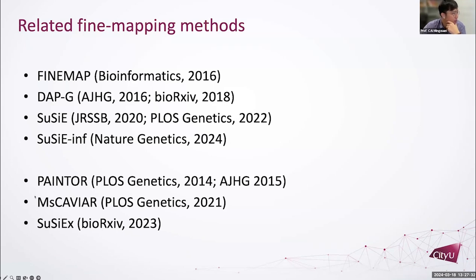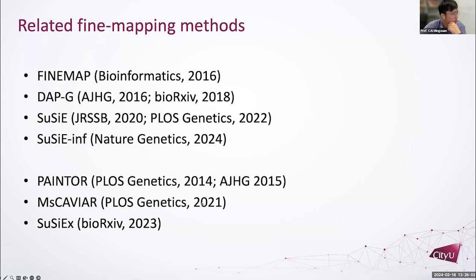And the second batch of methods use cross-population data to improve the resolution of fine mapping. Basically, PAINTOR is extended from single population methods, and the cross-population method was published in 2015. However, recent discoveries found that PAINTOR can be inflated because it does not treat the uncertainty in GWAS summary statistics properly.